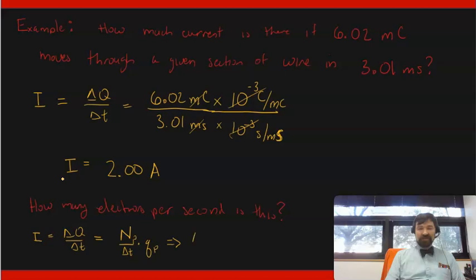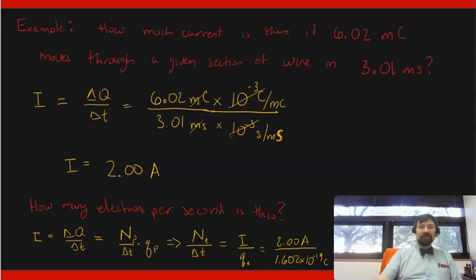So that means that the number of electrons per time would be equal to the current divided by the charge of an electron. And so you have 2 amps divided by 1.602 times 10 to the minus 19 coulombs.